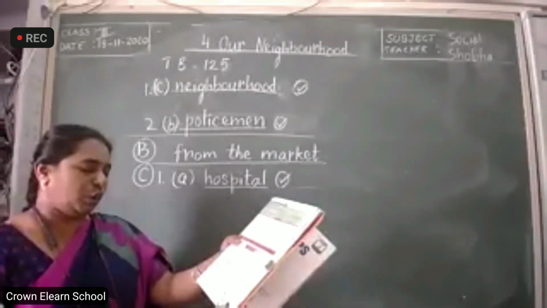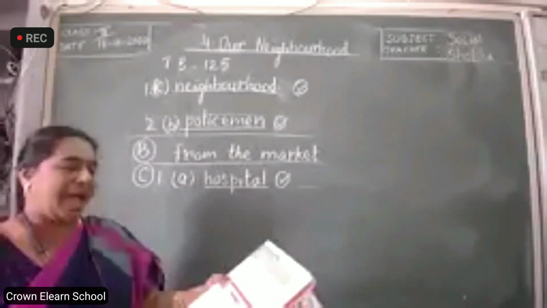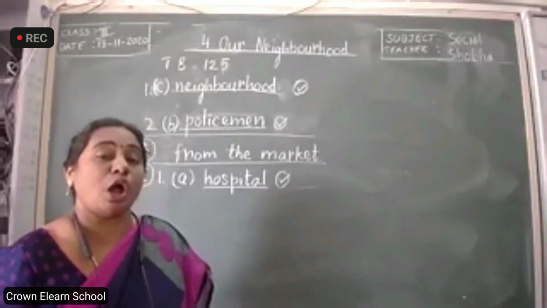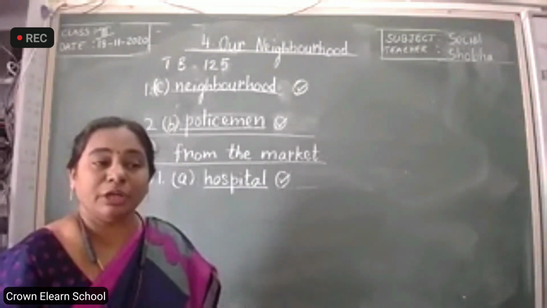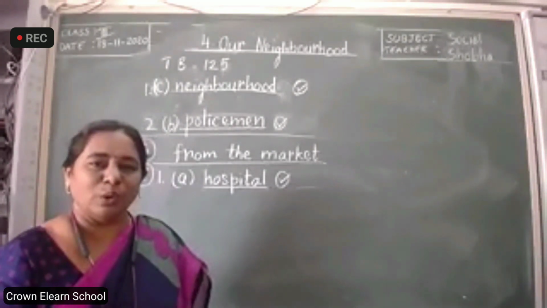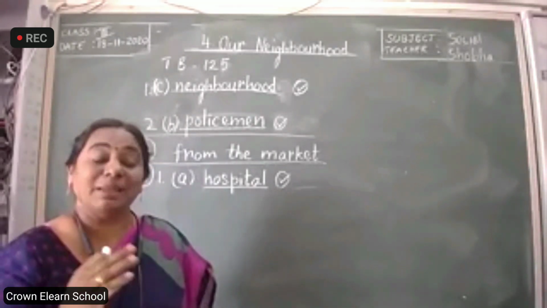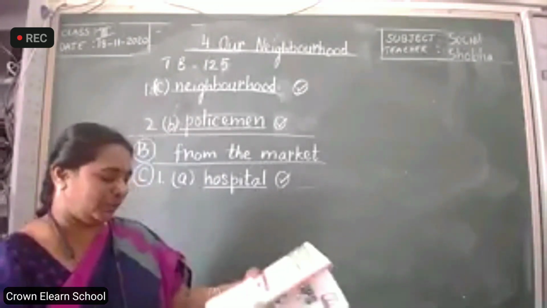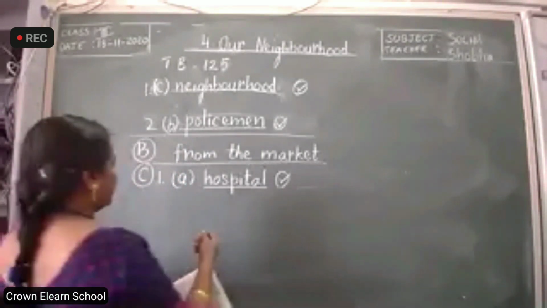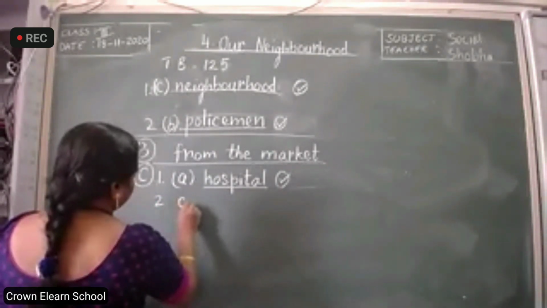Options: school, park, market. Where do you find so many shops? What is the area that is called where you find many shops? Do you have shops in the school? No. Do you find shops in the park? No. Where do you find? In the market, isn't it? Yes, very good. So answer is market. Okay. So there are many shops in a market. So second one, what is the option correct, children? C.